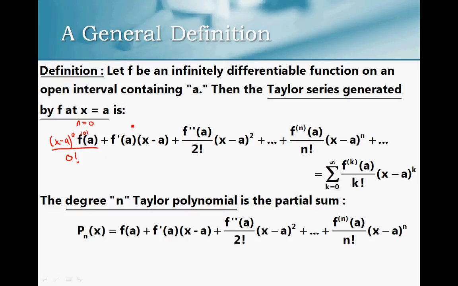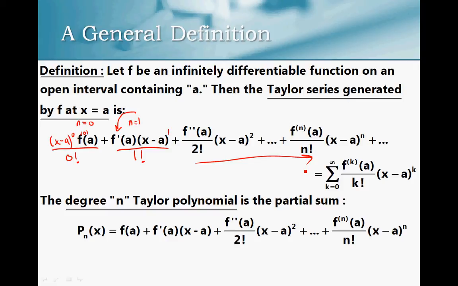The second term is when n is equal to 1. Well, it's the first derivative of f at a times x minus a to the first power over 1 factorial, and that continues for all of these terms.